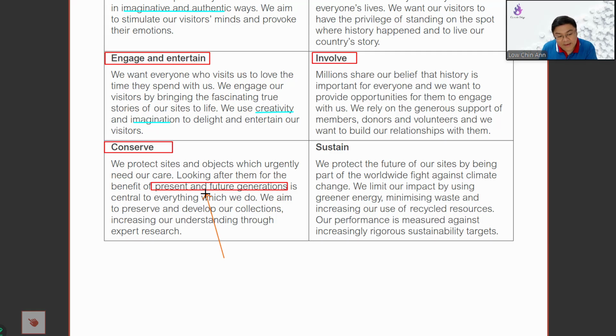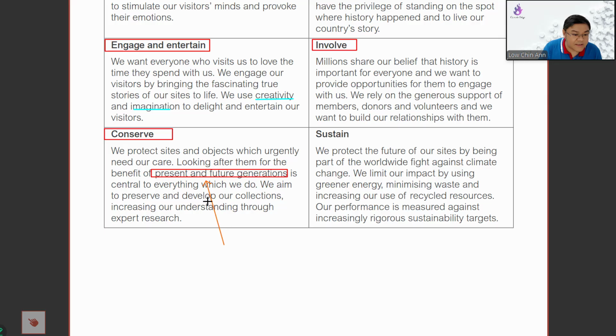So the same idea: whatever you conserve is not just for now but for the future. We aim to preserve and develop our collections, increasing our understanding through expert research. We protect the future of our sites by being part of the worldwide fight against climate change. So I think environmental aspects will fit in very well.